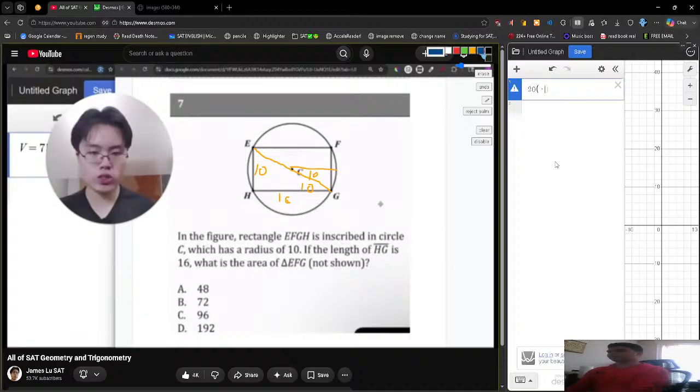Oh no, not plus. Wait, 20 times 16. But it's a triangle. We're not trying to find the red triangle. So divide by 2, which is 160. I think I did something wrong.